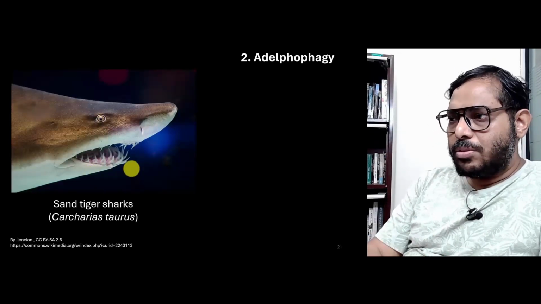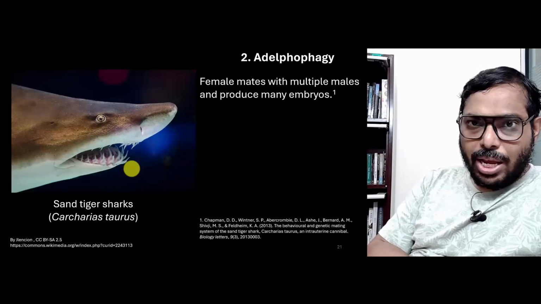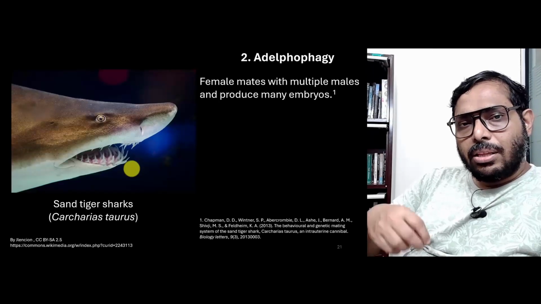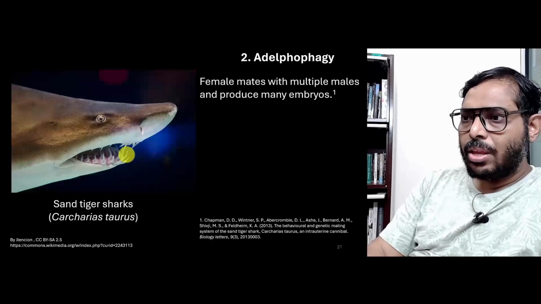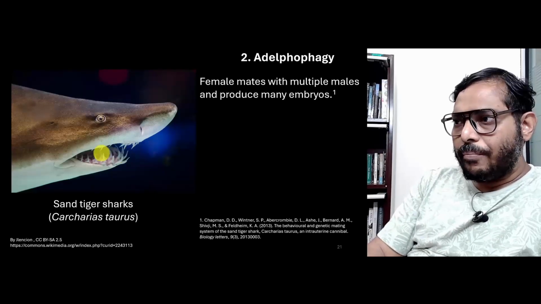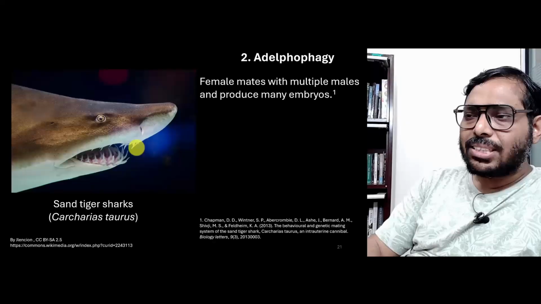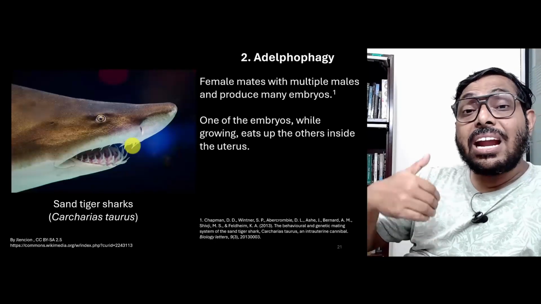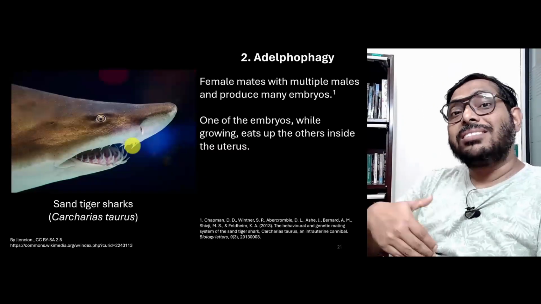In this particular species, the females mate with multiple males, and therefore inside their belly, in the uterus, they have many embryos. These embryos start growing, and at some stage one of the embryos, the one that is known as a hatchling, ends up killing and eating all its siblings inside the uterus itself.